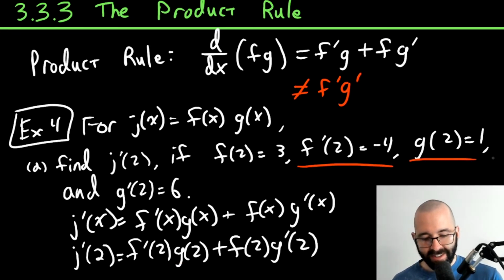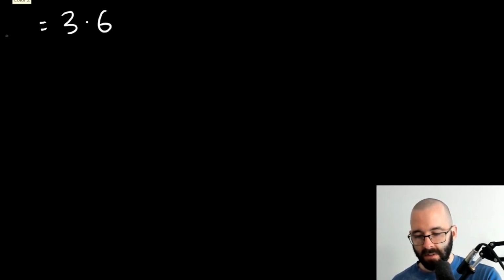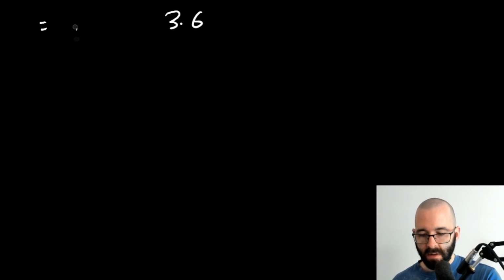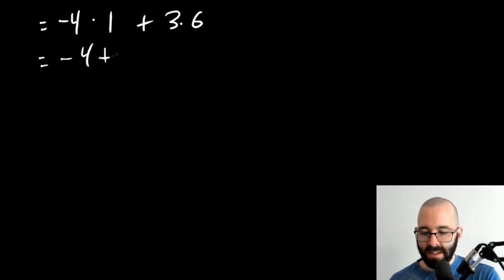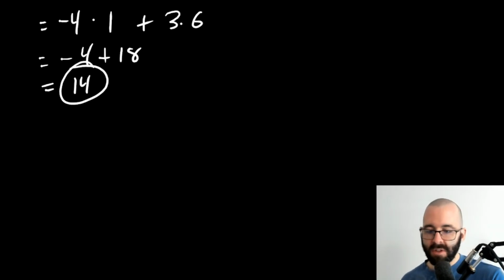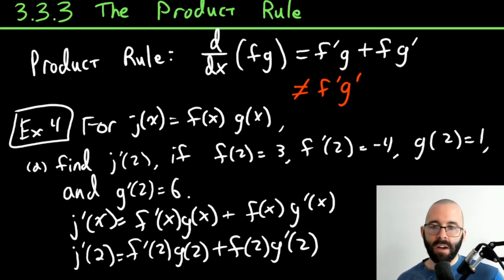So -4 times 1. There we go. f prime times g plus f times g prime. That'll be -4 plus 18, or positive 14. So even if we don't know what the functions are, right? I don't know what f and g are. We can still use the product rule.